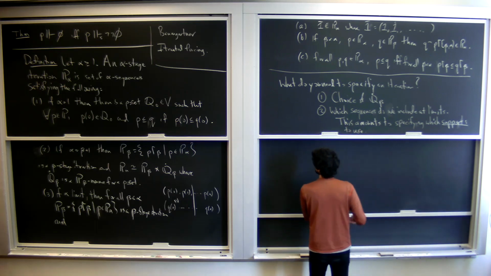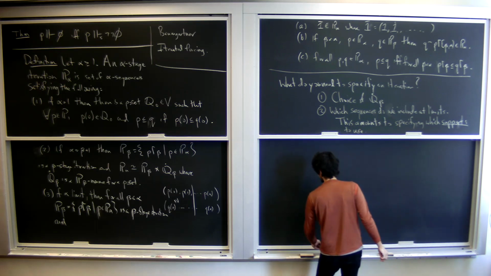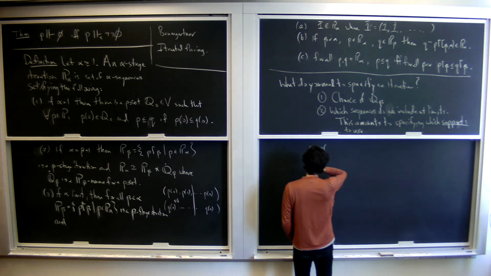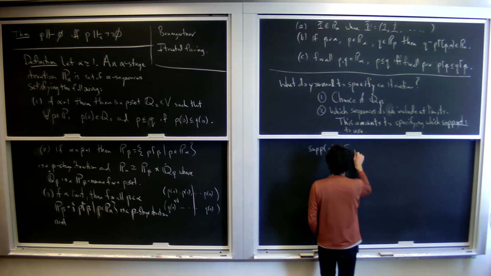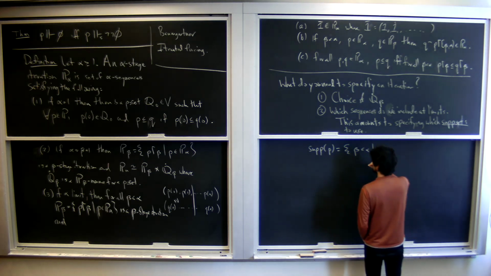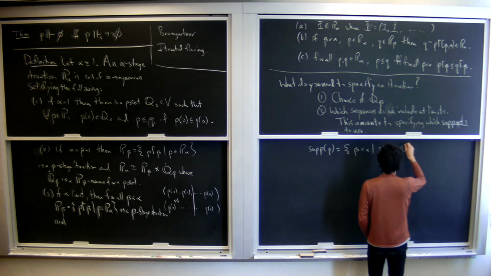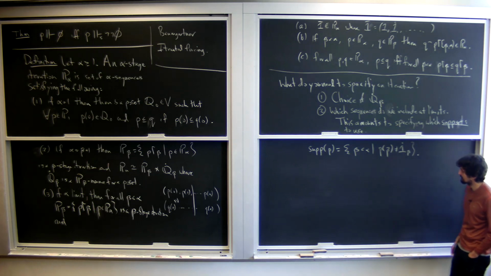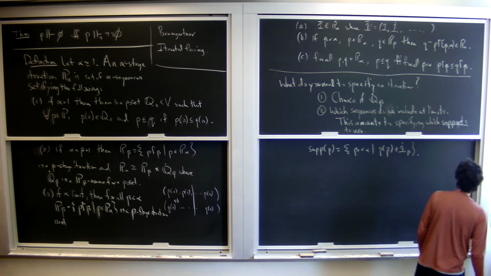Just recall, I think we defined this last time before I gave you this formal definition, but the support of P is the set of betas less than alpha where this P of beta is different from the one. Okay, great.